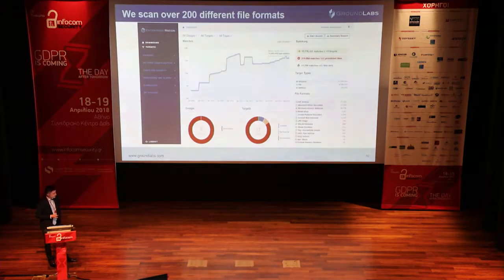This is what you'd expect to see when logging into the management interface. On the top right of the screen, we're giving you a summary of all the data that we found. You can see there's over 15 million matches in just 11 targets. When we're referring to targets, we're referring to storage environments. This could be workstations, servers, whatever you had selected to scan.